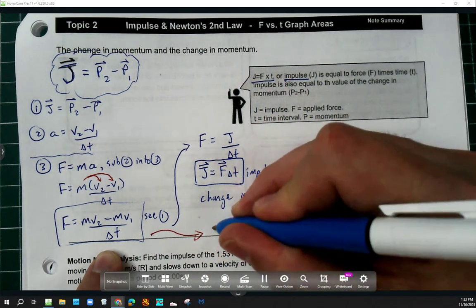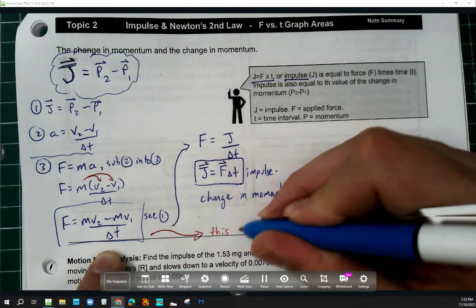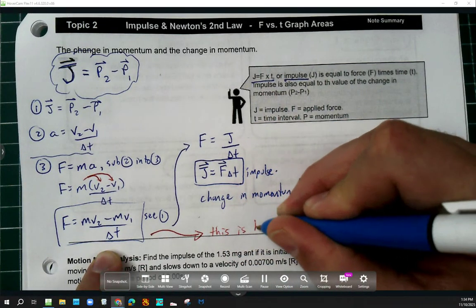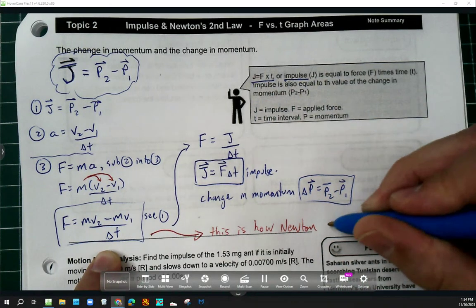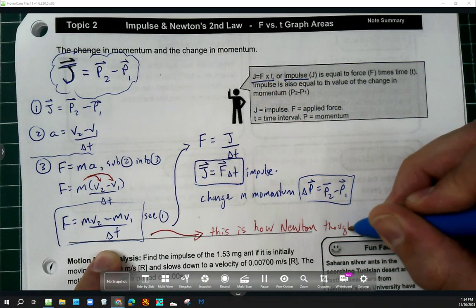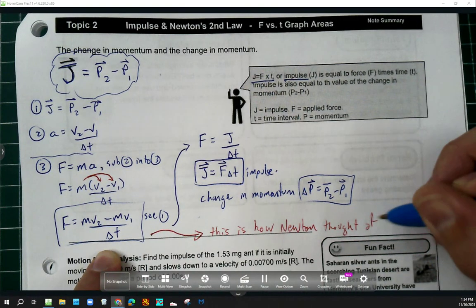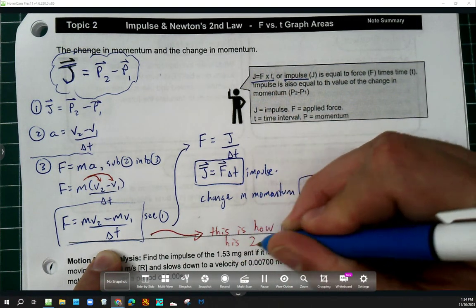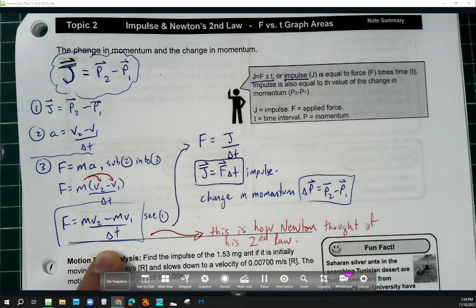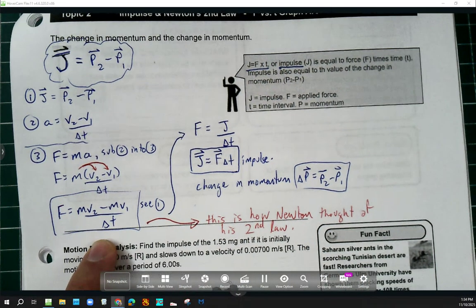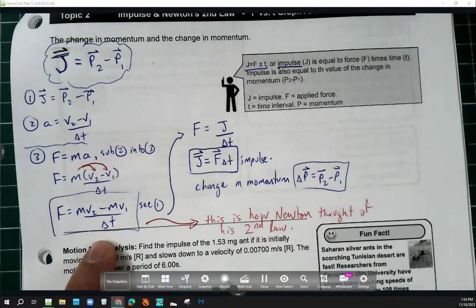This is how Newton actually thought of his own second law. So I know we always learn F equals ma, but this is the way he was thinking about it, that there was the rate of change of momentum.